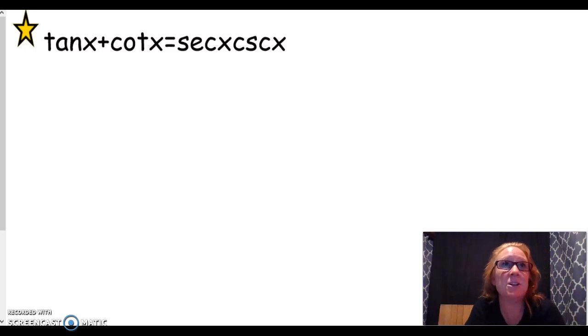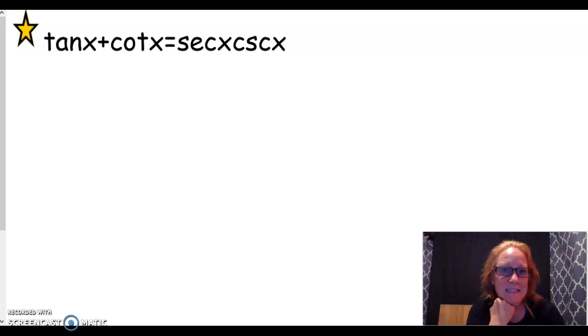Which side is easier? I don't know, what do you think? Do I want to go with the plus one? It seems to me that the one with the plus is probably easier, so I'm going to work at the left side.